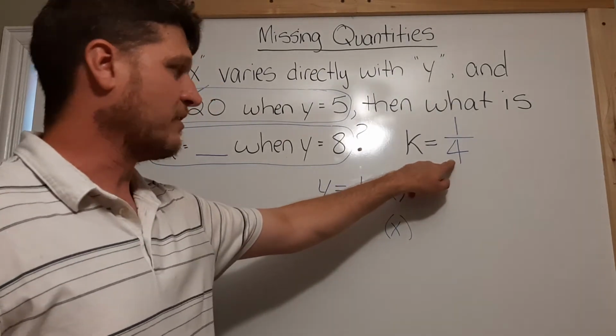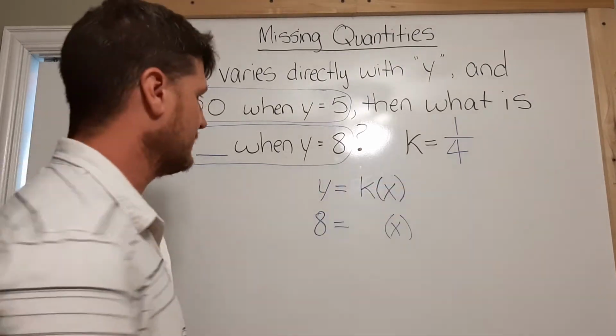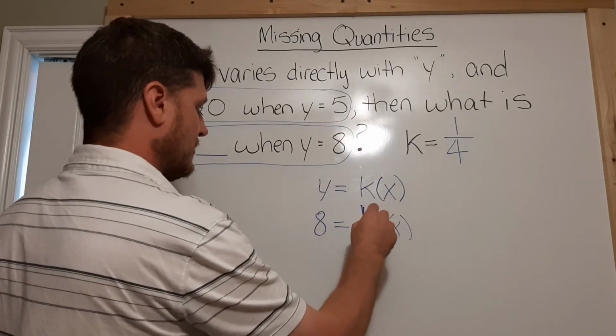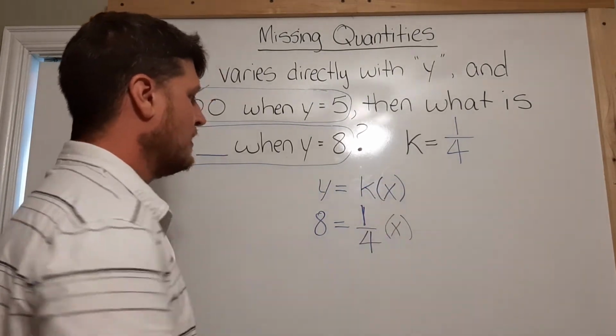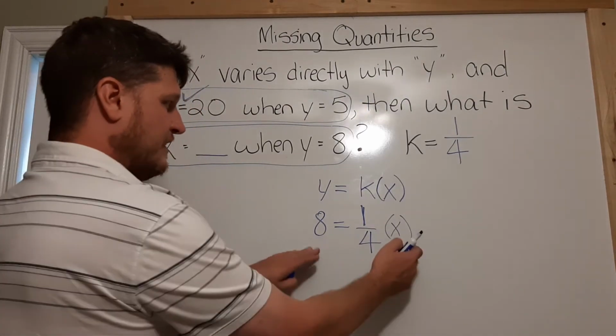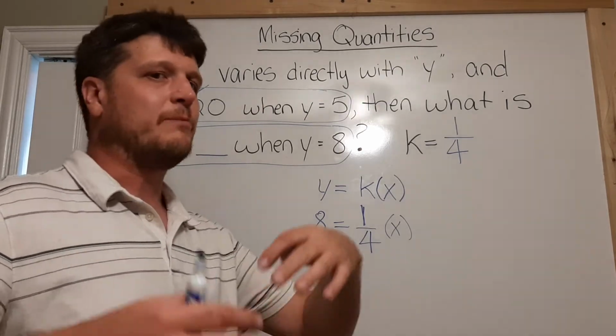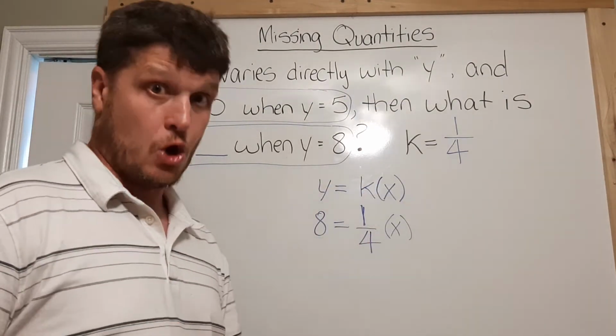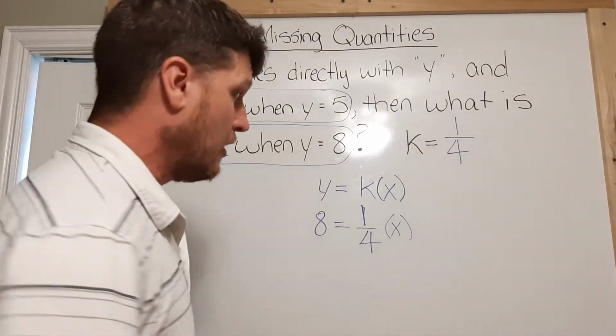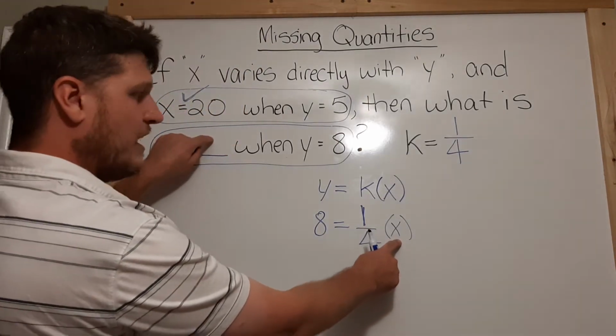K is 1/4. Our constant is going to be 1/4. So we have this form here, 8 equals 1/4 x. That's after we plugged in the numbers that we know.